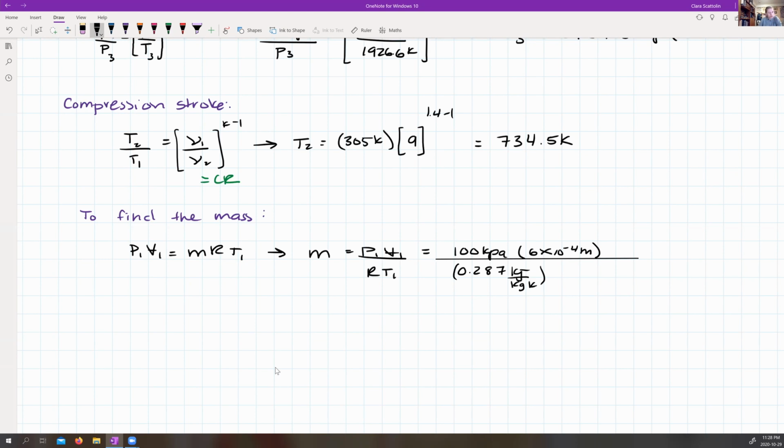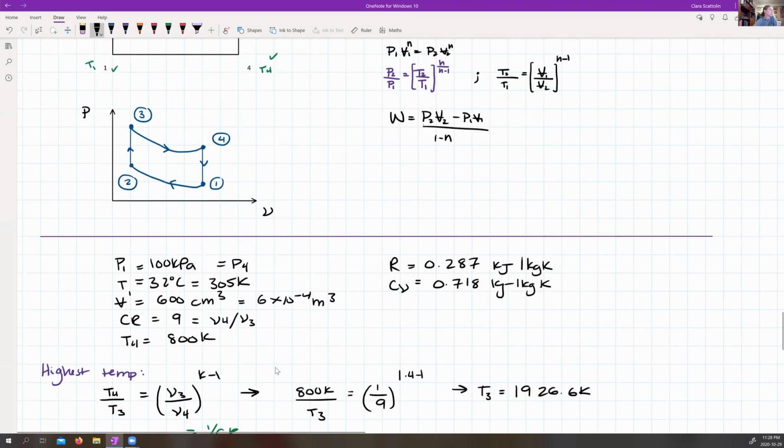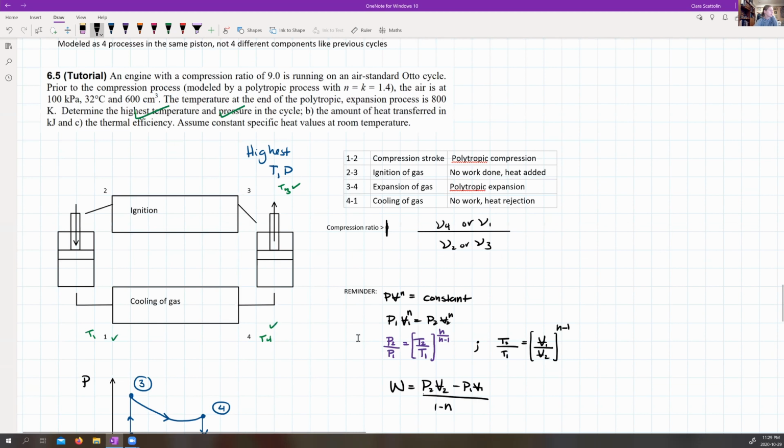And then my T value is 305 Kelvin. And this will give me a mass of 6.85 times 10 to the minus 4 kilograms. All right, now I'm going to be able to look at 2 to 3, which is going to be my Q in.